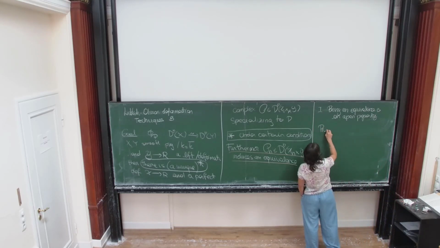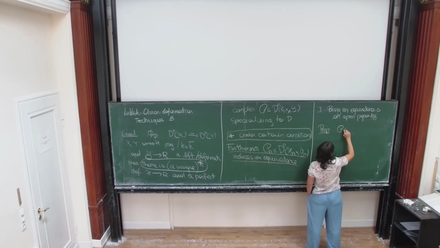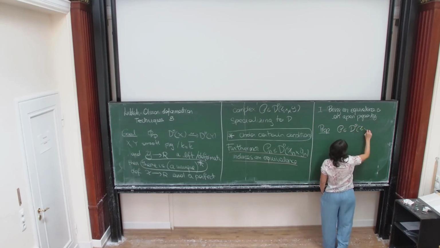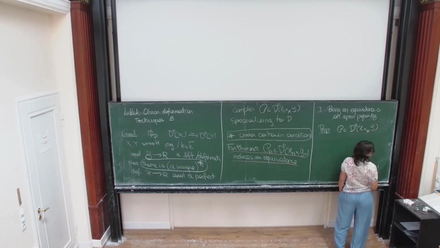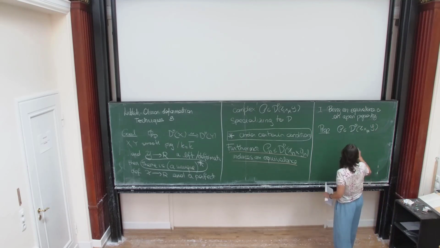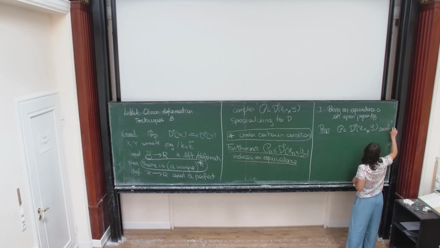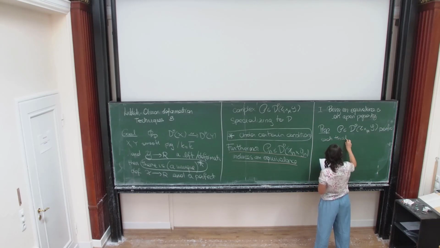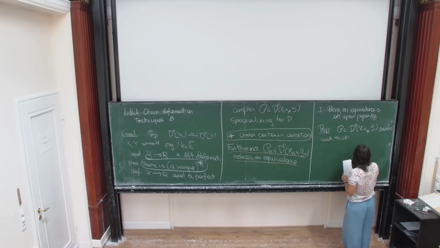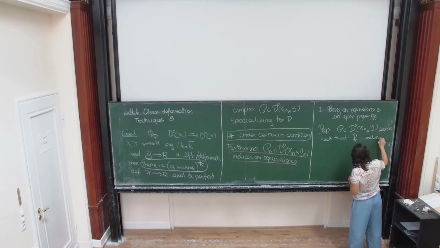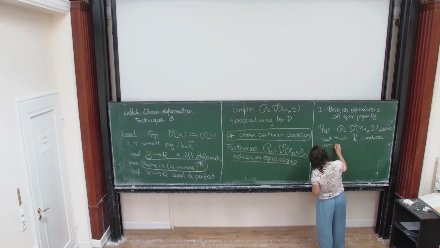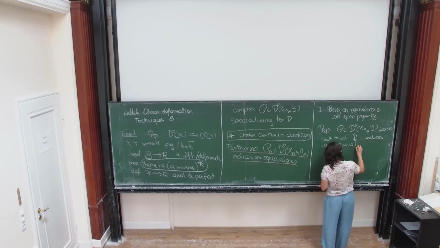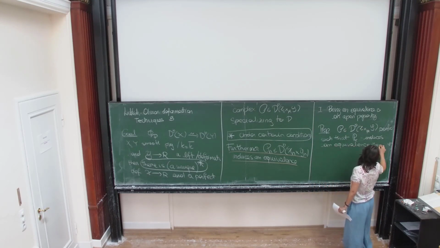Okay, so let's formalize this. If you have a perfect object P in Y such that Φ_P induces an equivalence, then so does the deformation.